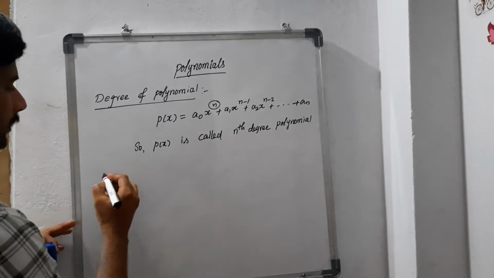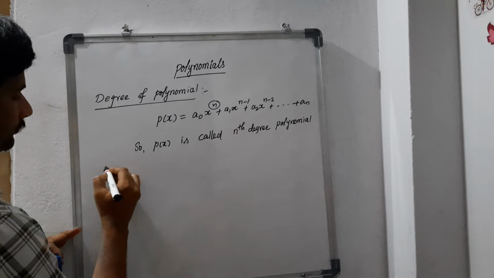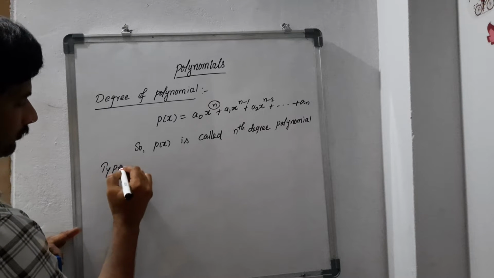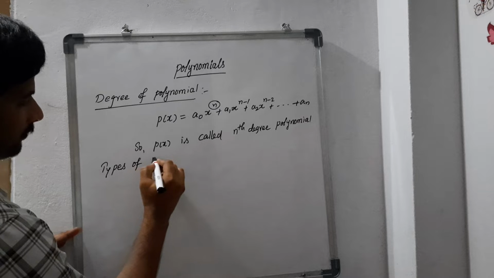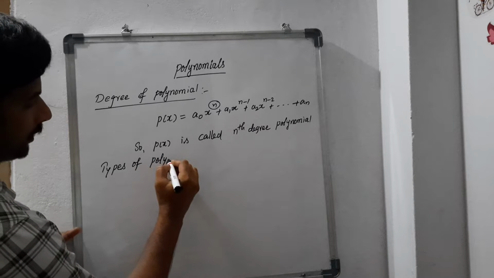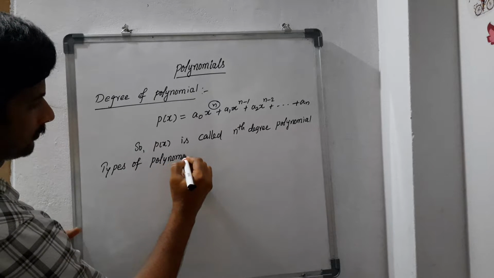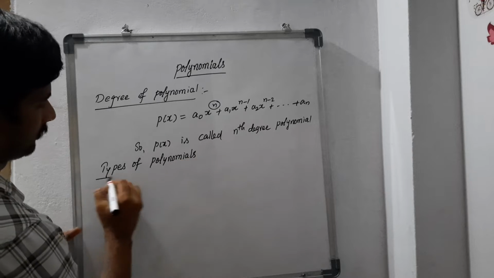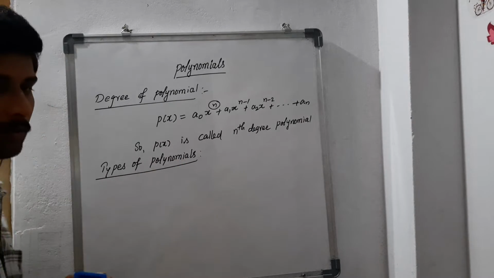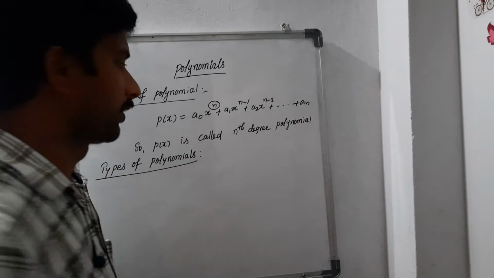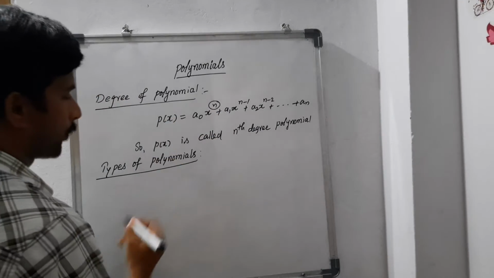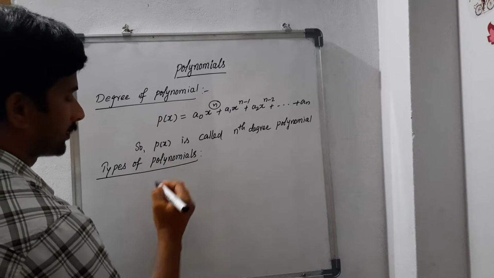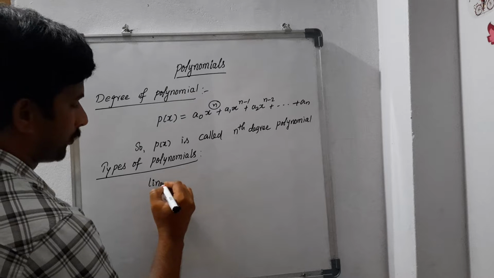Now, based on the degree, we can classify the types of polynomials. Types of polynomials based on degree. If the degree of the polynomial is 1, then such a polynomial is called a linear polynomial.